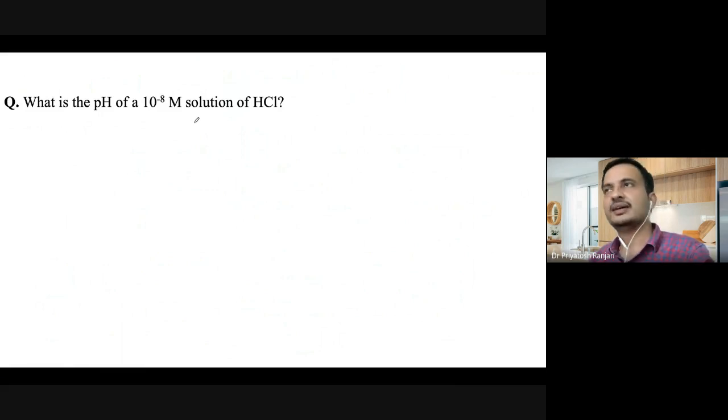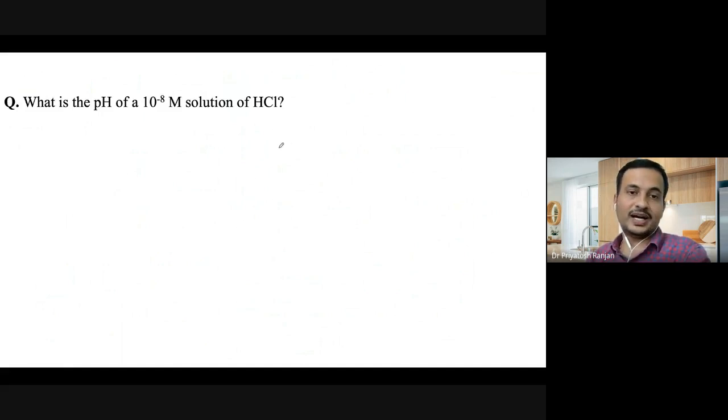Now the first thing the students will do, they will read the question, and considering that they know that HCl is a strong acid, they will directly consider the concentration of hydrogen ion equal to the concentration of HCl, which in this case is 10 raised to the power minus 8. We'll do all those simple calculations, and they will calculate the pH of the HCl solution in this particular case to be 8.